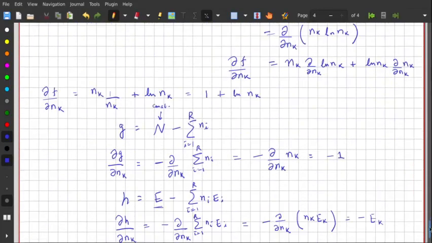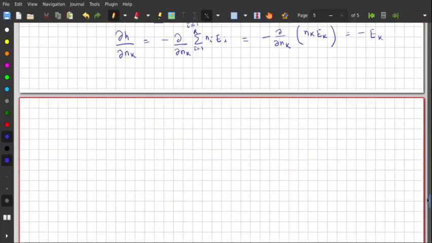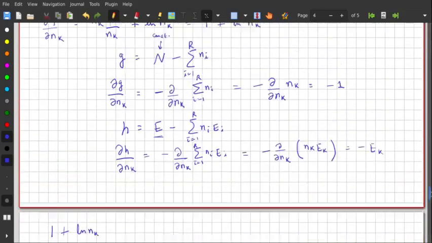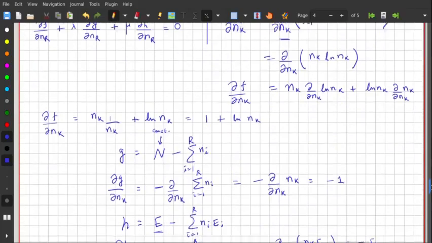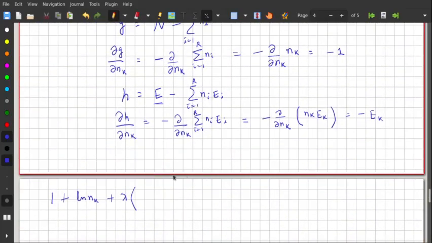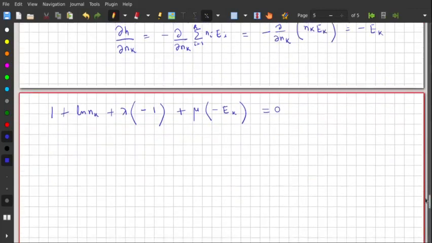So partial f partial n_k, that is 1 plus log n_k, that's the first term, plus lambda times partial g partial n_k, which was minus 1, plus mu times partial h partial n_k, which is minus e_k, and that is equal to 0. Okay, that is the general expression that we found.